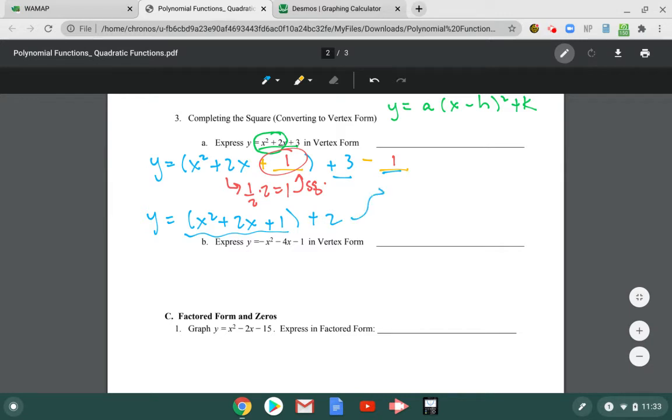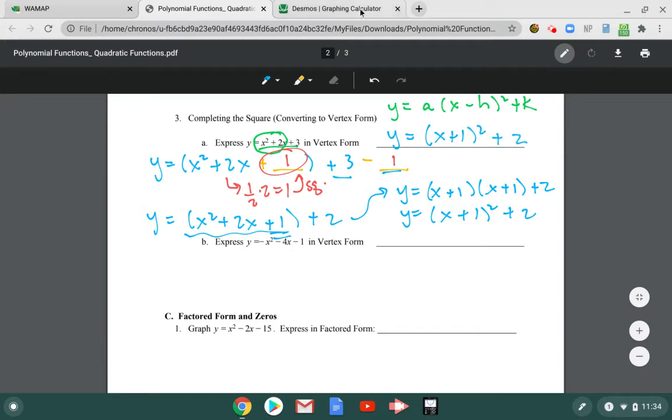If we've done this correctly, what I've underlined will factor really nicely. x times x. To get to that 1, I need a 1 times a 1. Okay, perfect. It is something squared, plus 2. If you've done it correctly, you'll always end up with something times itself, which we can write as (x plus 1) squared plus 2. So y is equal to quantity x plus 1 squared plus 2.